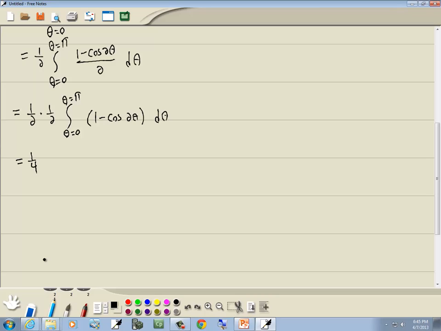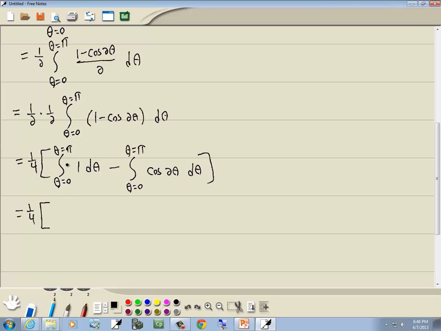And let's go ahead and split these into two separate integrals now. So we're going to have the integral from theta is equal to 0 to theta is equal to pi of 1 d theta minus theta is equal to 0 to theta is equal to pi of cosine 2 theta d theta. Well, this first one, the integral of 1 is just theta. So we're going to have theta from 0 to pi.